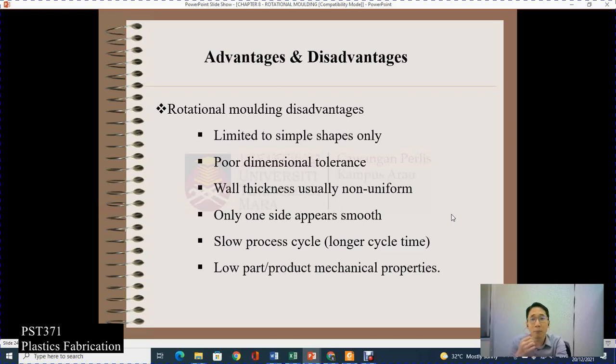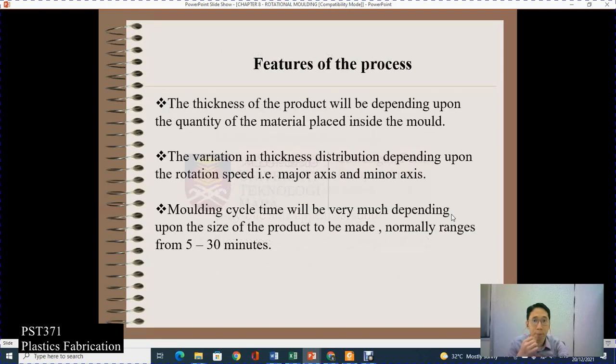One side appears smooth, which is the outer, as compared to the inner. And then the slow process cycle, which is a longer cycle time, because the rotating process and the heating process are time consuming. Same goes to the cooling process. Low part and product mechanical properties.